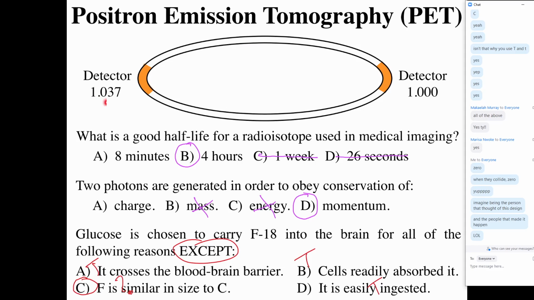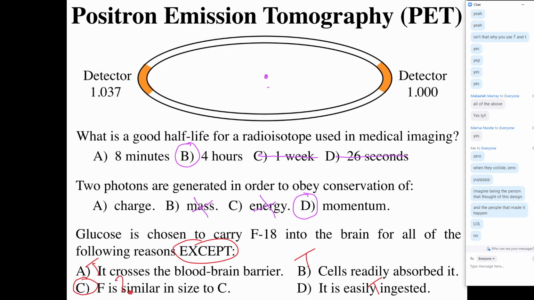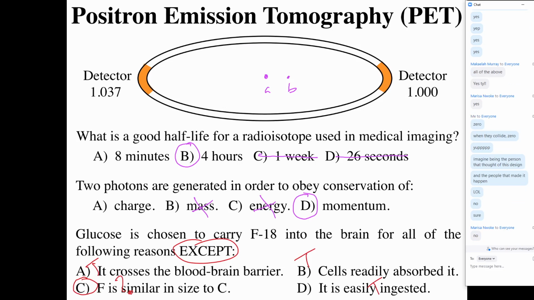But from these two numbers that are put here and here, I'm going to tell you the tumor is dead center, right in the middle. Do you believe me? Okay, fine. I think it's over here then. It's at point B. You are the cancel culture. Why?